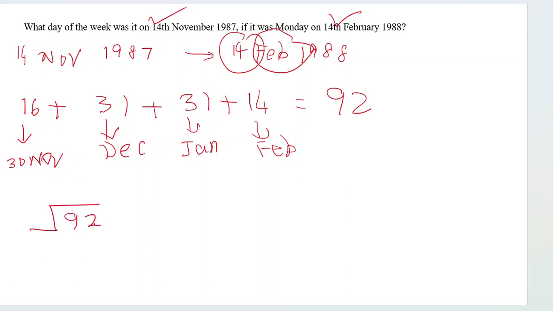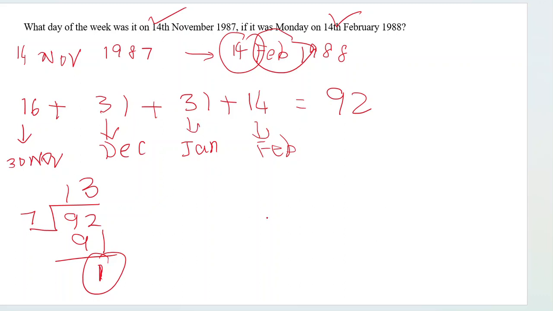Why 7? Because a week has 7 days. So when I divide 92 by 7, I get 13 and the remainder is 1.